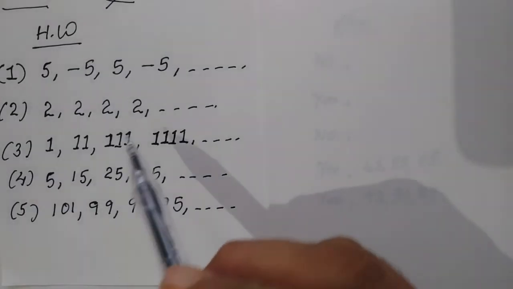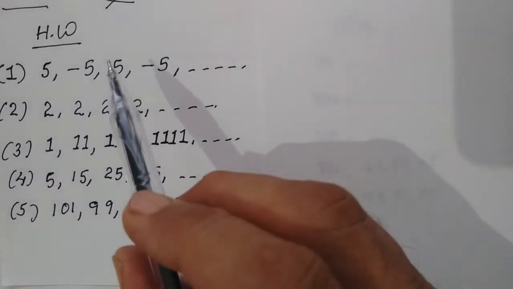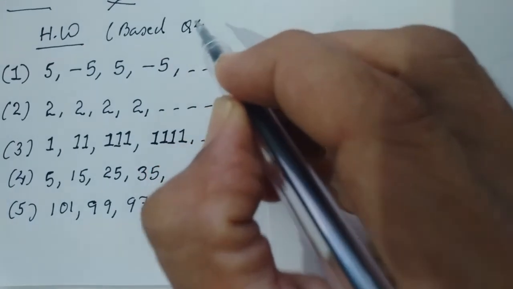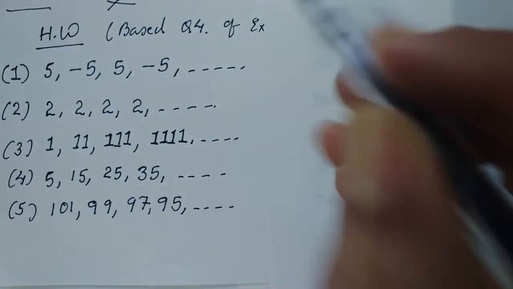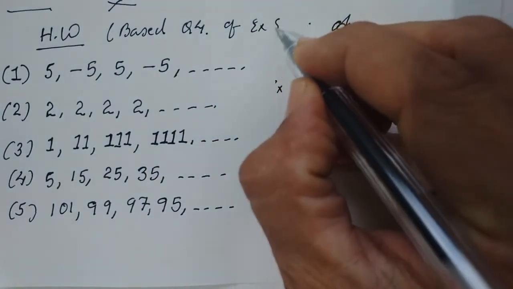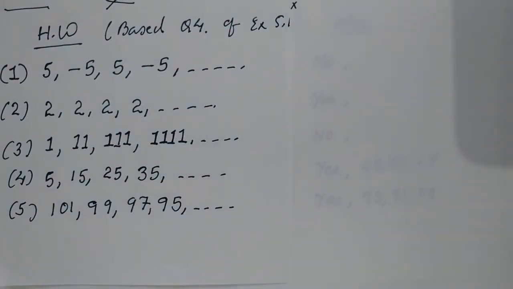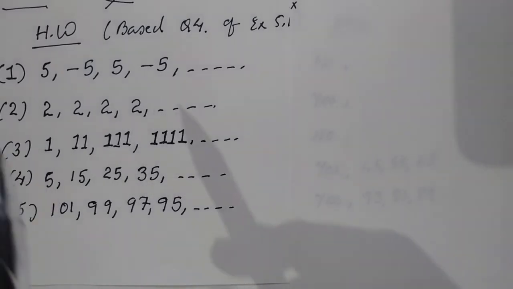Okay. Now children, note down homework. Question heading same. This is based on question number 4 children. Okay. Question 4 of exercise 5.1 children. Okay. So note down this question.